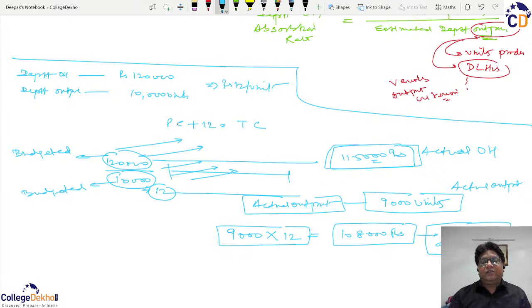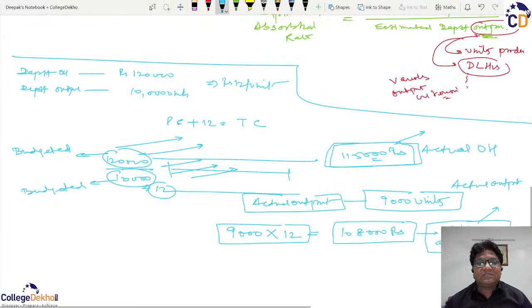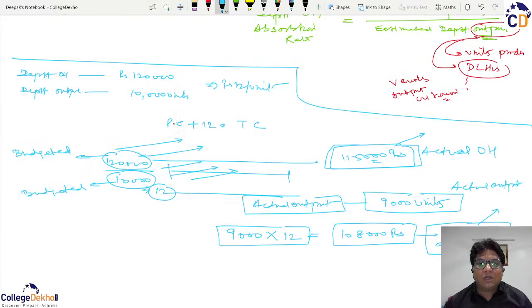So we will study in detail the topic reconciliation or non-integrated accounts, where we will address this issue that if the overheads in cost accounting are different than the overheads in the financial accounting, then there is a difference in the profits reported. And how that is to be coped with, we will discuss when we will study the topic reconciliation of cost and financial accounts.